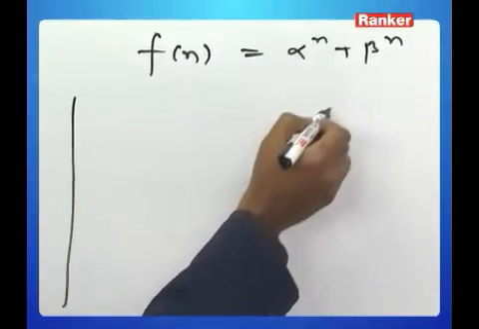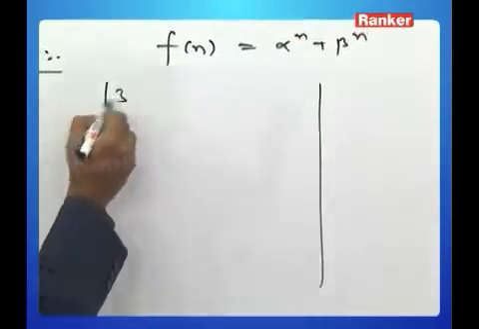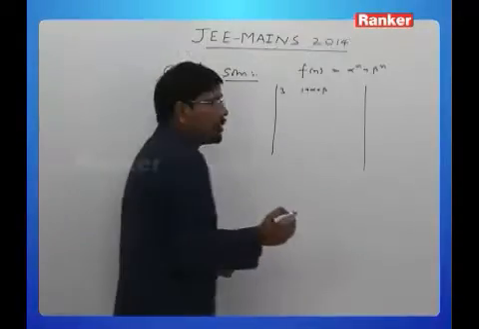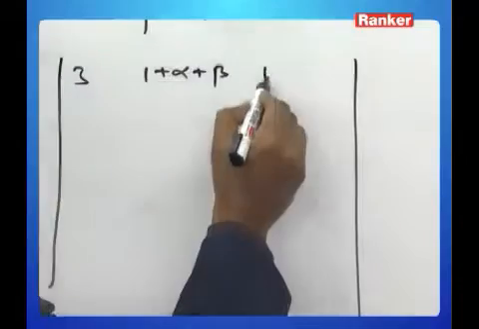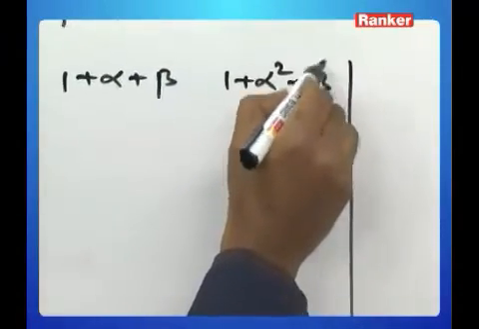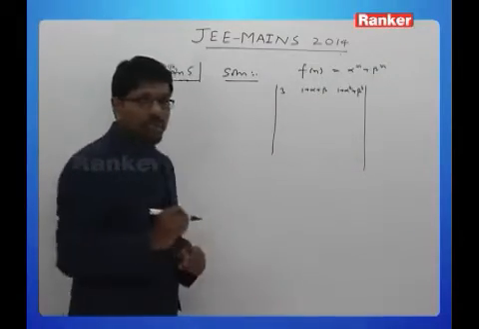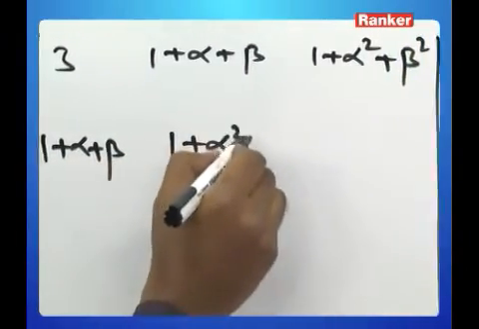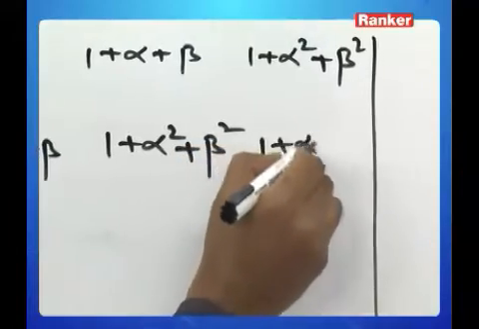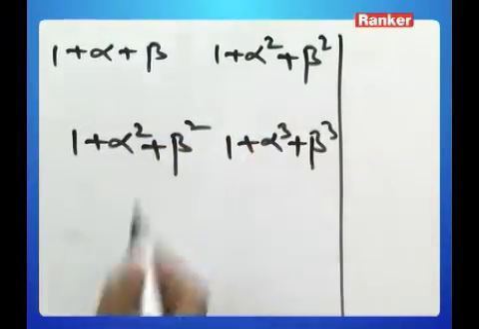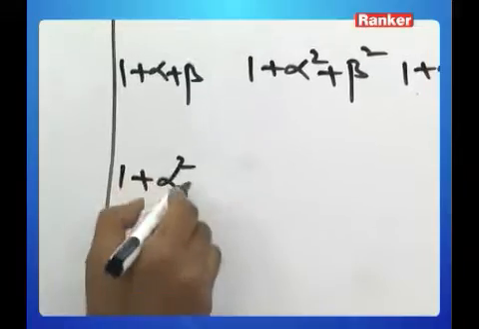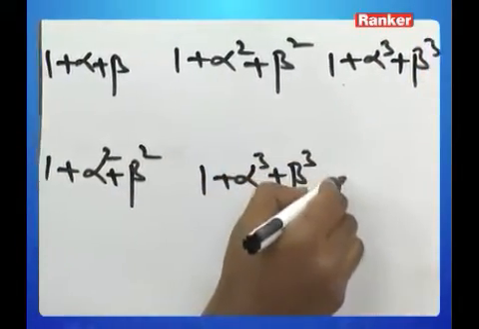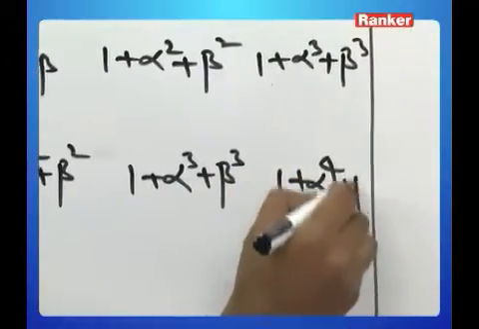Now the given determinant, we will look at it this way: 3, 1 plus alpha plus beta (f of 1 is alpha plus beta), 1 plus alpha square plus beta square, and then 1 plus f of 1, that is 1 plus alpha plus beta, 1 plus alpha square plus beta square, 1 plus alpha cube plus beta cube, 1 plus alpha square plus beta square, 1 plus alpha cube plus beta cube, 1 plus alpha power 4 plus beta power 4.